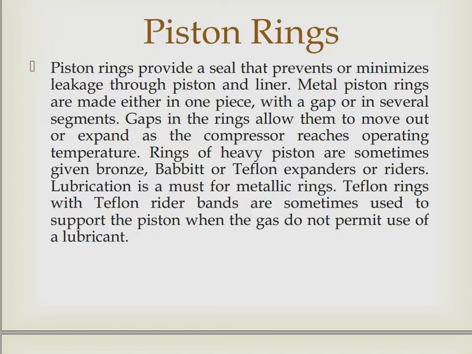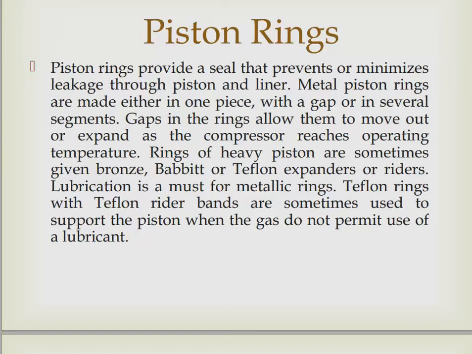Metal piston rings are made either in one piece, or with a gap, or in several segments. Gaps in the ring allow them to move out or expand as the compressor reaches operating temperature.